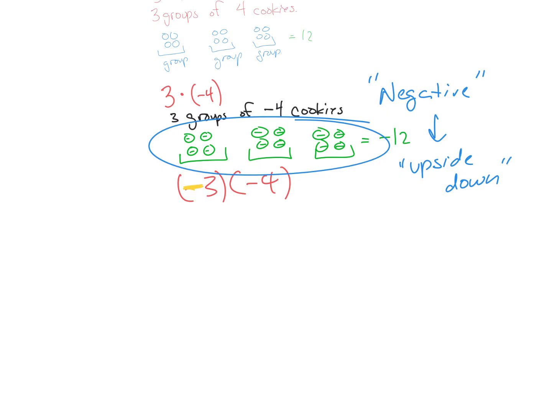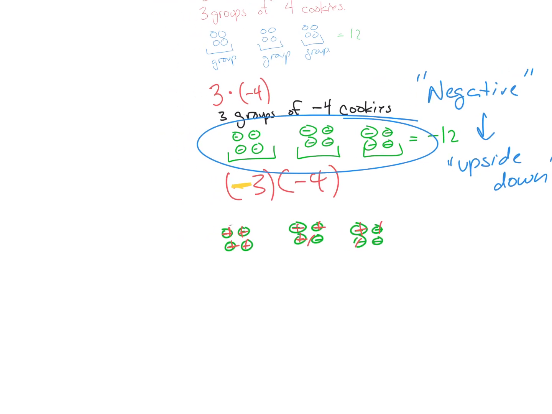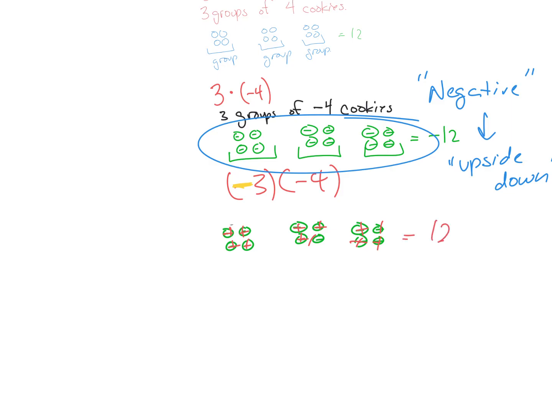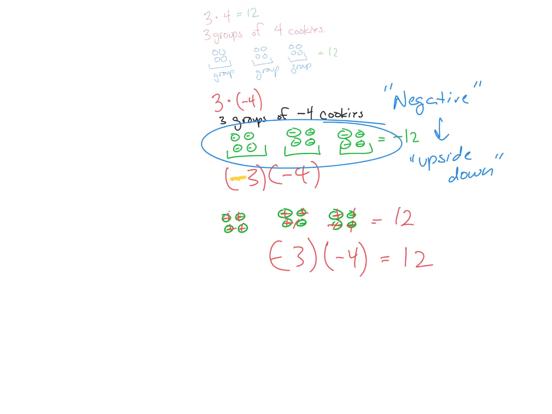I don't know if you can see me tracing it on the iPad or not, but here I go. If I literally took these and flipped them all back upside down, it would now be positive, positive, positive, positive, positive, positive, positive, positive, positive, positive, and I would now have positive 12. So it's like, hey, we're going to have upside down 3 groups of upside down cookies. So that's why a negative times a negative is positive.